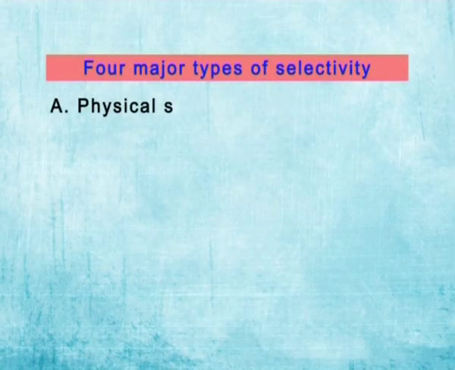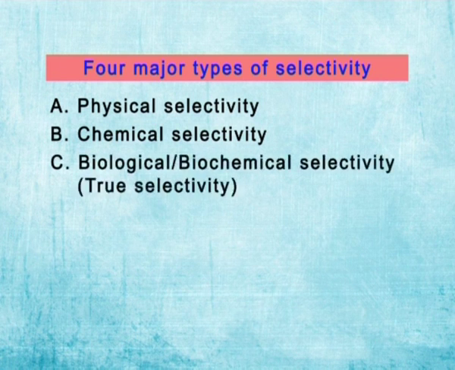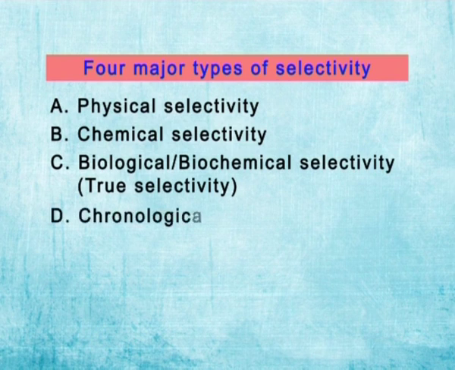They are: number A, physical selectivity; number B, chemical selectivity; number C, biological or biochemical selectivity, also known as true selectivity; and number D, chronological selectivity.